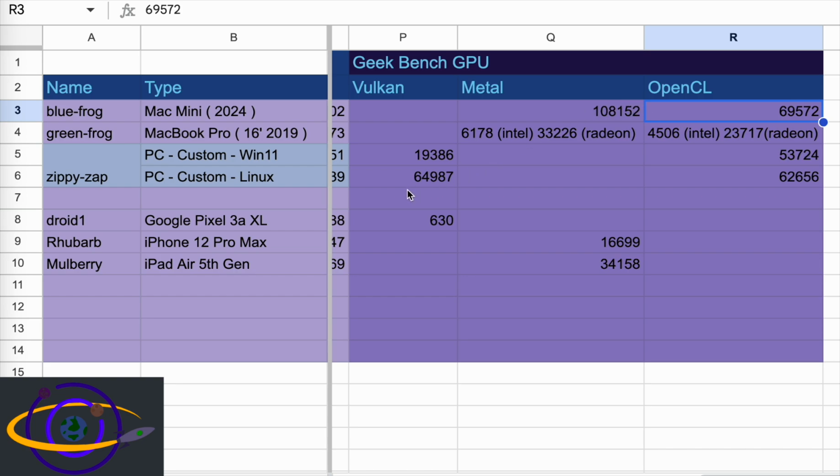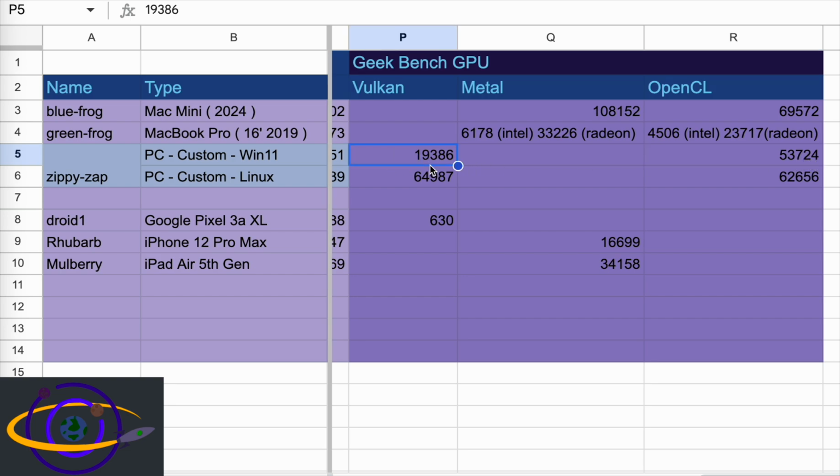Now the custom PC running Linux is almost at the point where it can beat it. The second in line is the custom PC with Linux. Using the Vulkan framework, it had almost 65,000, and using OpenCL, it had over 62,000. Now, running Windows on the custom PC with OpenCL, we have well over 50,000, almost 54,000.